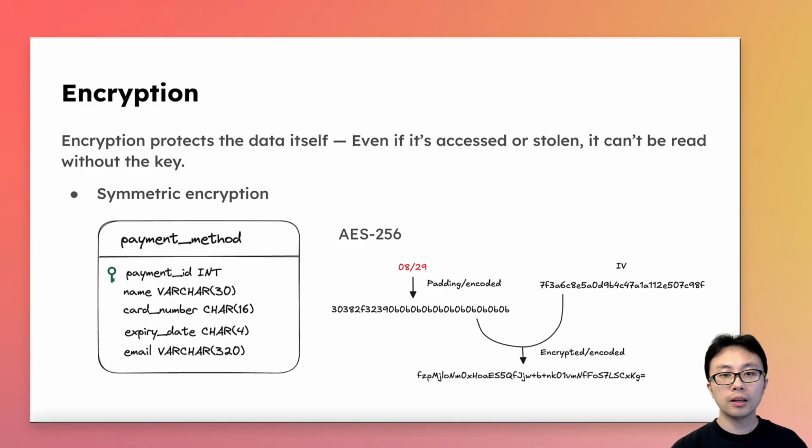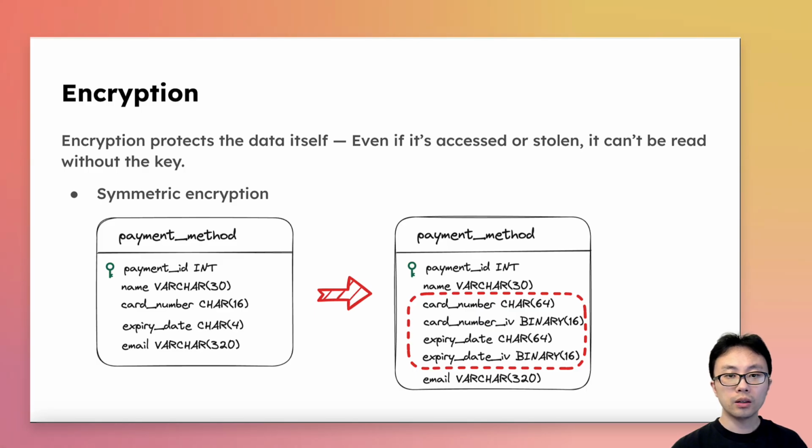After that, it is concatenated with the initialization vector. In the end, the combined string will be encrypted using the AES algorithm and encoded as a string. This process will turn both a 16-character long card number and a 4-character long expiration date into 64 characters.